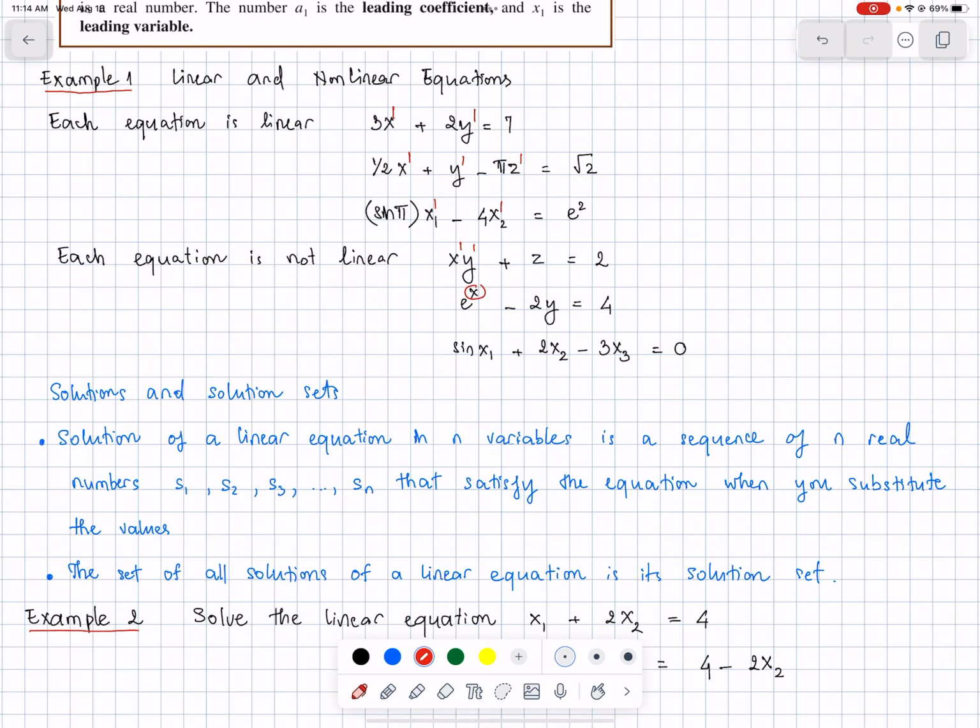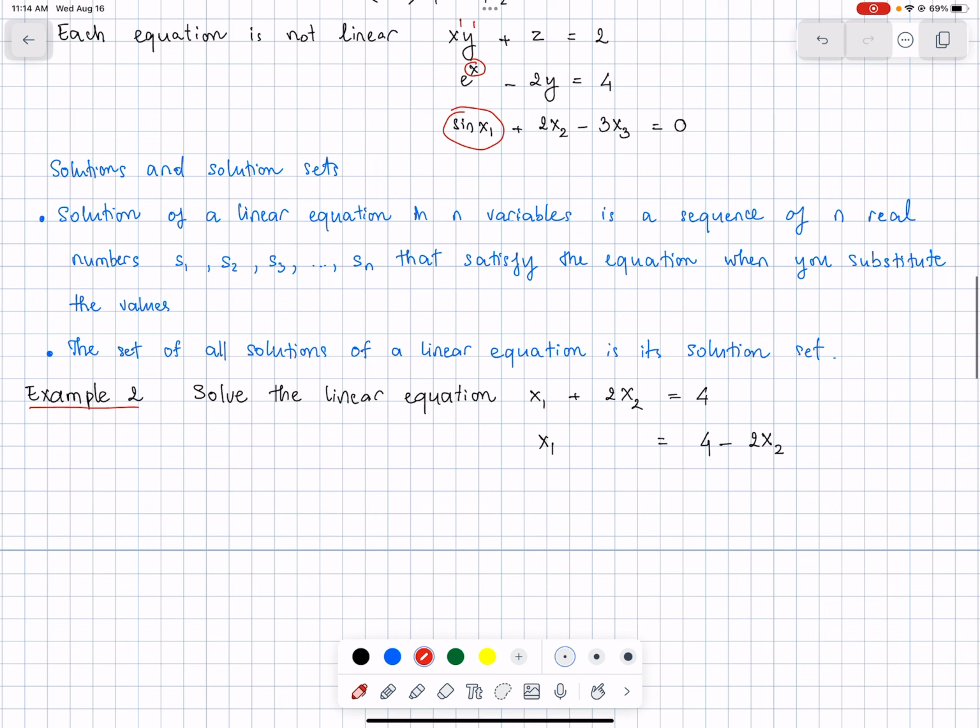The variable x should not be in an exponent, and the variable x cannot be in the argument of a trigonometric function.